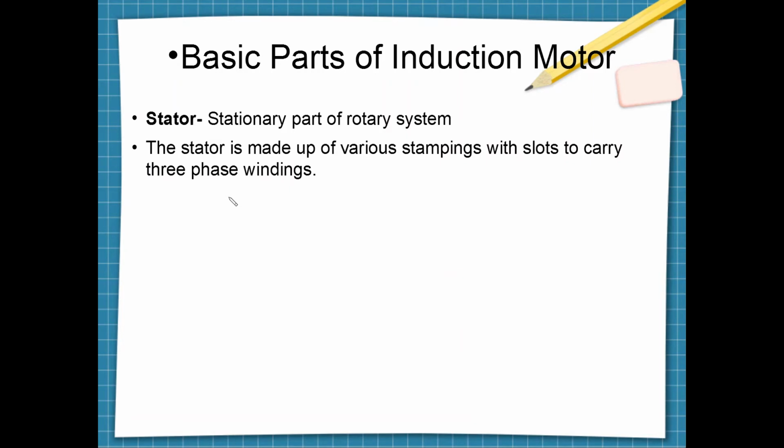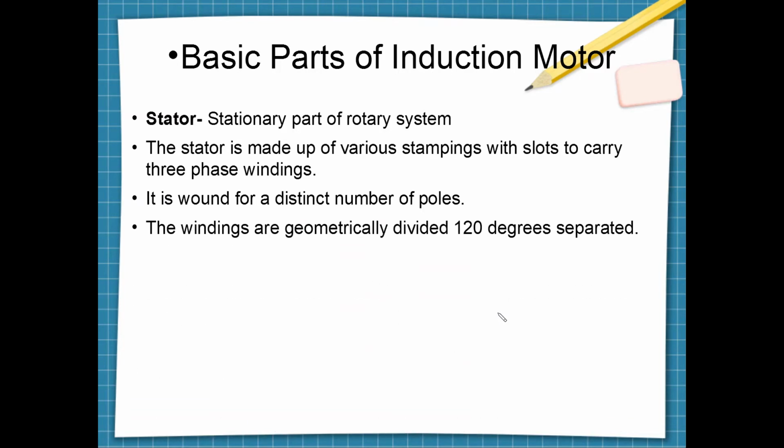The stator is made up of various stampings with slots to carry three-phase windings. You will get to know in the next slide where I will show you the picture of it. It is wound for a distinct number of poles. The windings are geometrically divided into 120 degrees separated.